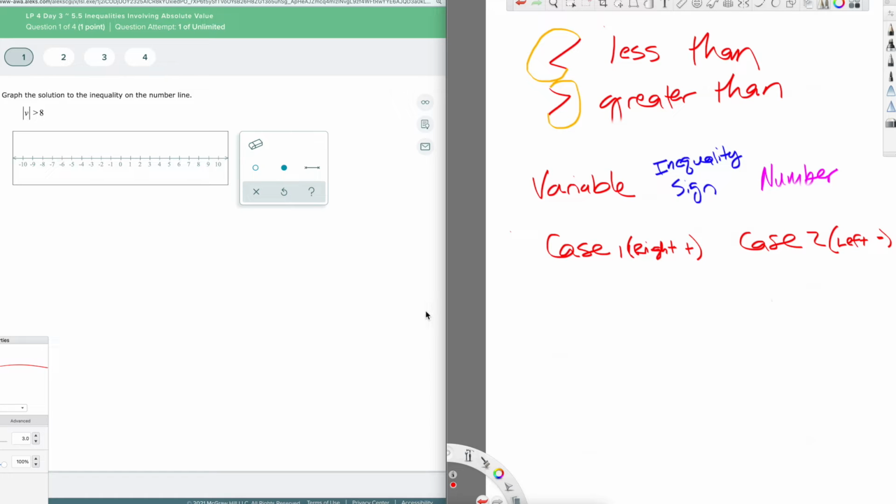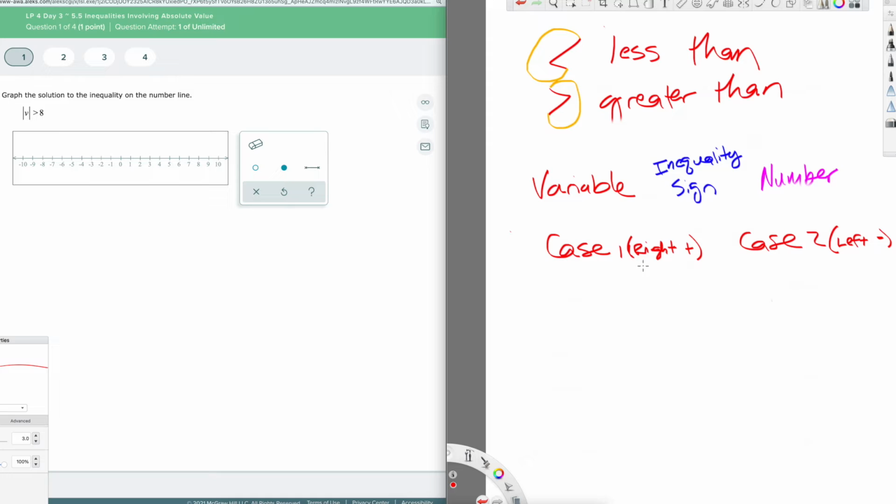So for case number 1, if I'm looking at this inequality here, and I'm saying that I'm moving 8 units from a midpoint, and when it's a simple one like this, the midpoint is 0, because we're moving from a specific point, and since nothing is being added or subtracted to the v inside of those absolute value, that tells me that the midpoint is in fact 0.